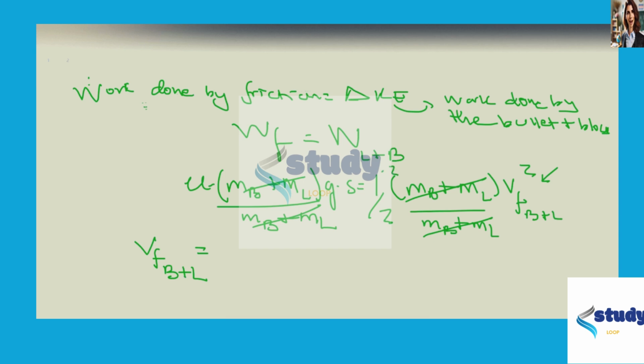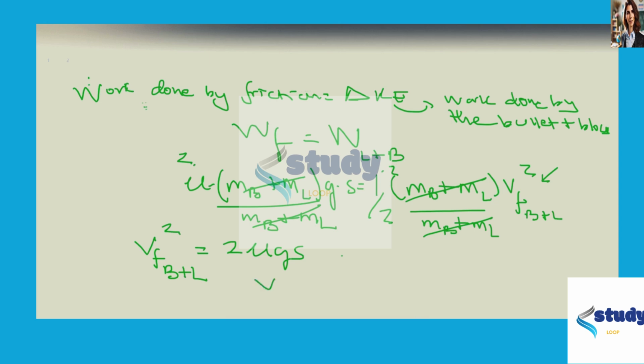We can multiply both sides by 2. And so we have 2 mu g s. This is squared. That's what we have right there.